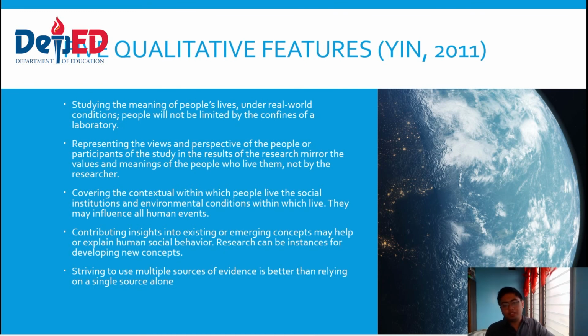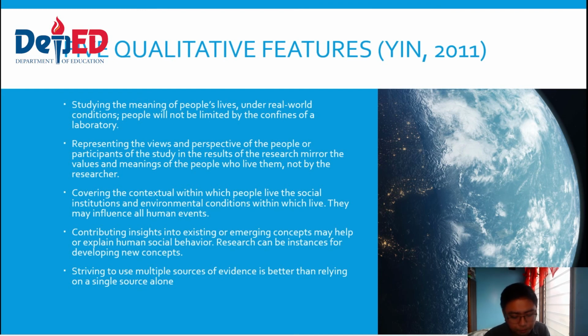Has limited resources. Iba yung magiging result if you are going to study the life of a senior high school on a private school. That would be a different scenario because it is a different environmental condition, okay? Different social institution. Okay? So, depende yan sa kung saan yung tao. Okay?